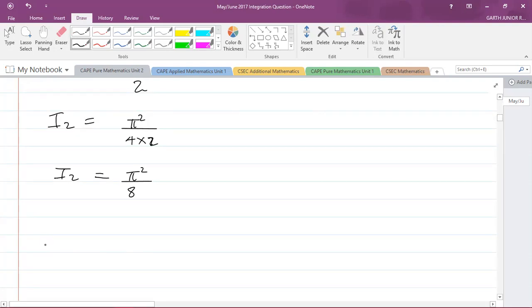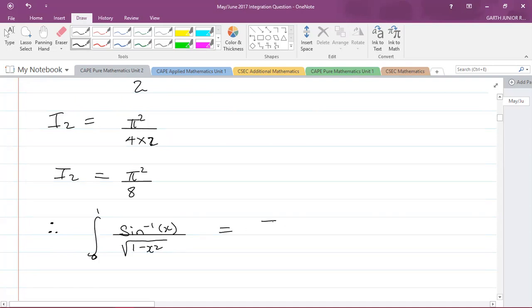So I can now say, therefore, the integral from 0 to 1 of sine inverse x divided by the square root of 1 minus x squared, that is I2, right?